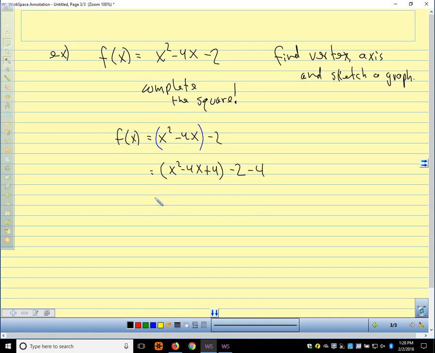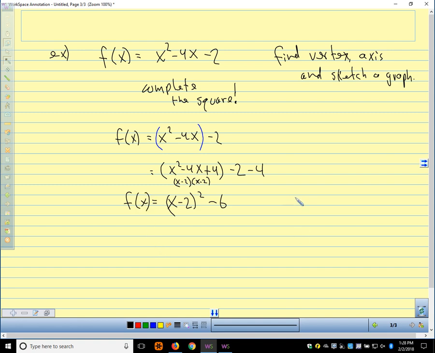Because we've turned this quantity in the parentheses into a perfect square. If you don't see it right off, you can think about factoring this. This is x minus 2, x minus 2. So we get x minus 2 squared minus 6.